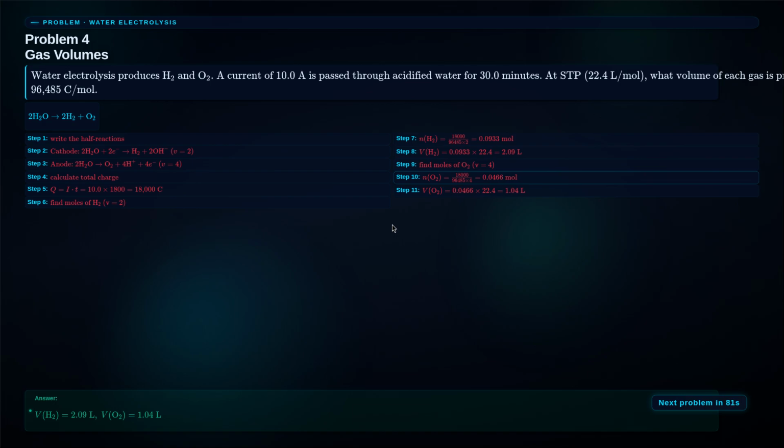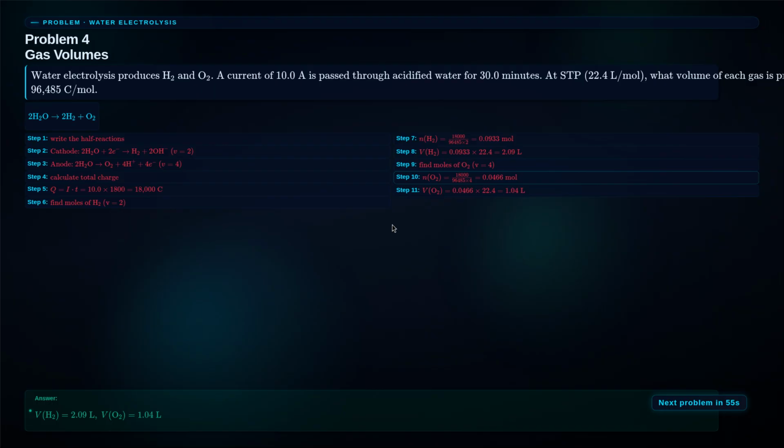Total charge. Q equals 10.0 times 1,800 equals 18,000 coulombs. Moles of H2 equals 18,000 divided by 96,485 times 2 equals 0.0933 moles. Volume of H2 equals 0.0933 times 22.4 equals 2.09 liters.